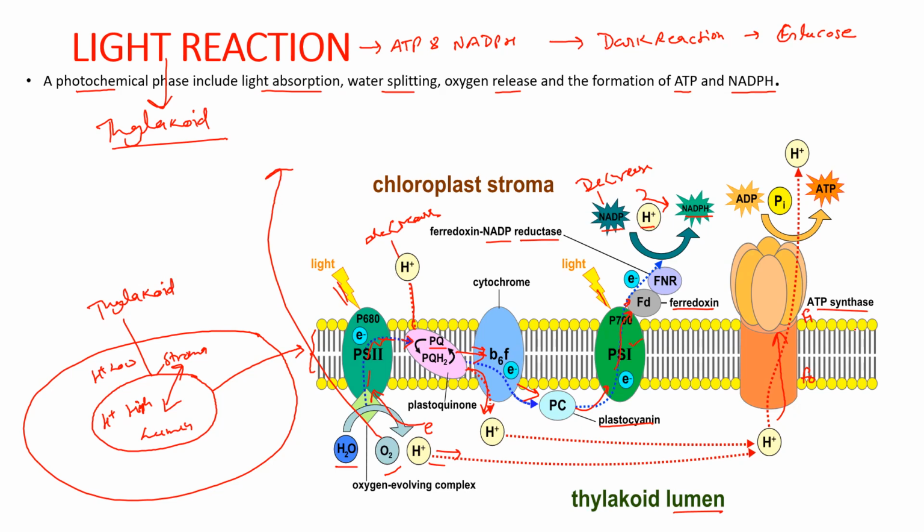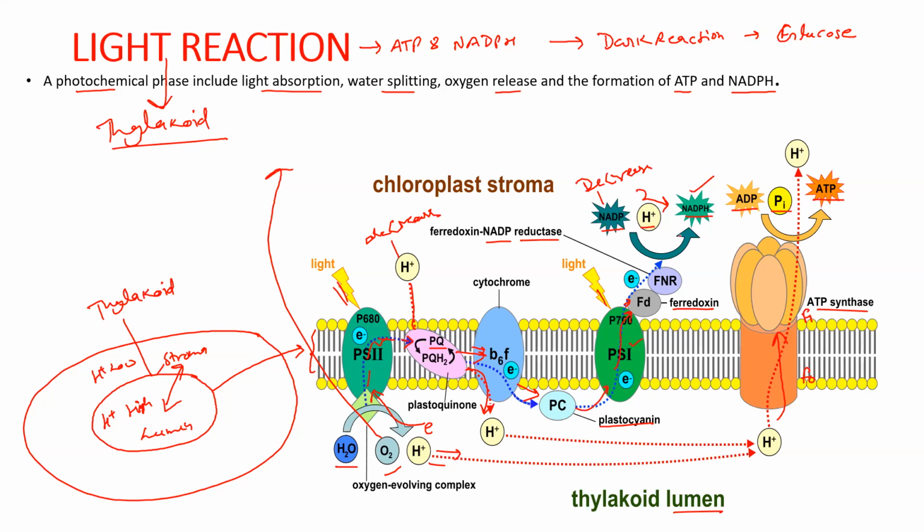F1 is an enzyme, ATP synthase. This F1 uses this energy and combines ADP and phosphate to form ATP. So that's how ATP is produced and NADPH is produced. Both ATP and NADPH are produced at the outside membrane of the thylakoid and released in the stroma.